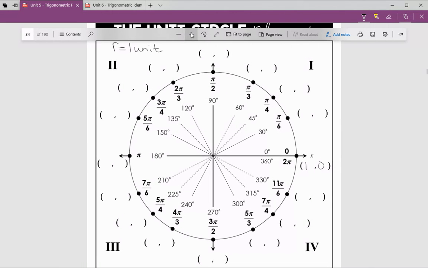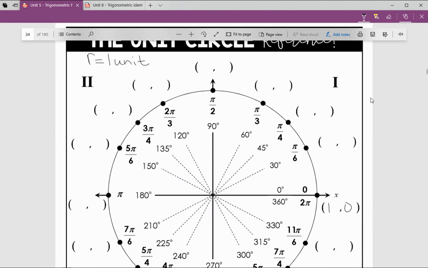So I'm going to kind of zoom in so we can kind of see these numbers a little bit bigger. So when you are at this point, you have traveled over 1 unit, but you didn't go up or down. So that's a legitimate 1, 0 point, correct? Now, to get to this point, I have to travel so far over and so far up.